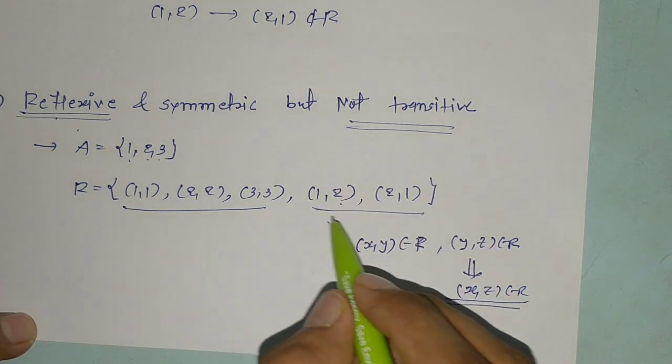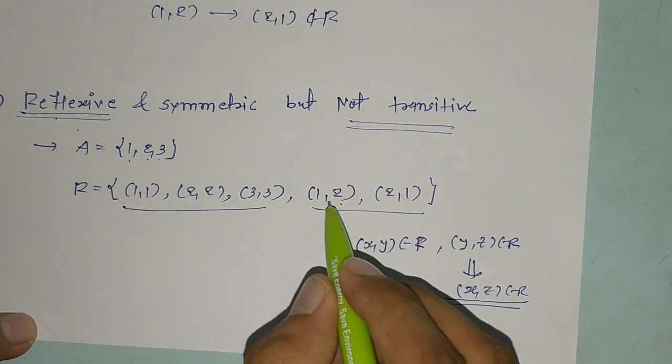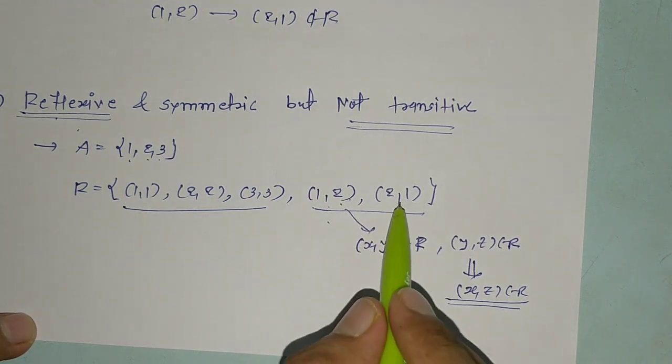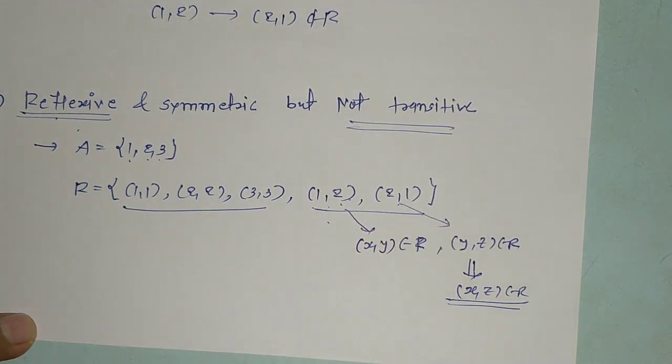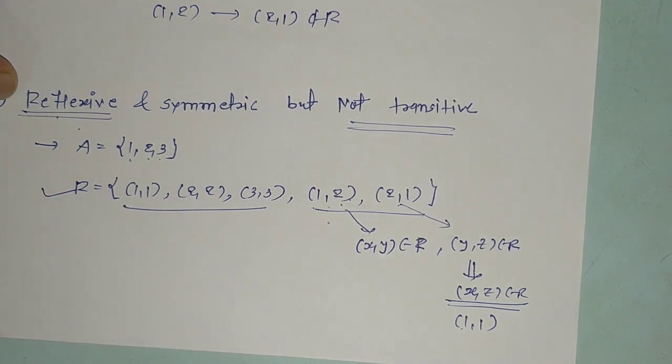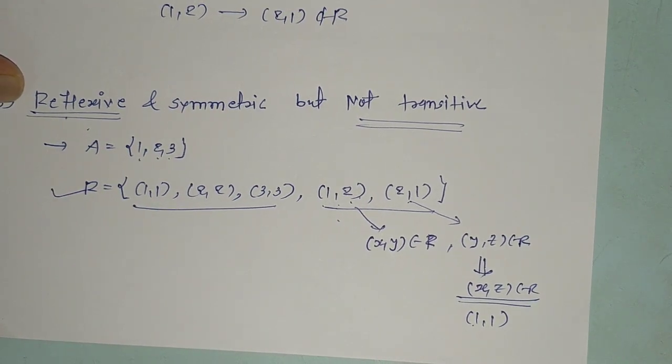Now if you observe, 1 comma 2 is for x comma y, 2 comma 1 is for y comma z, and 1 comma 1 is for x comma z. So this particular relation is transitive also. So our example for this particular condition is not correct.